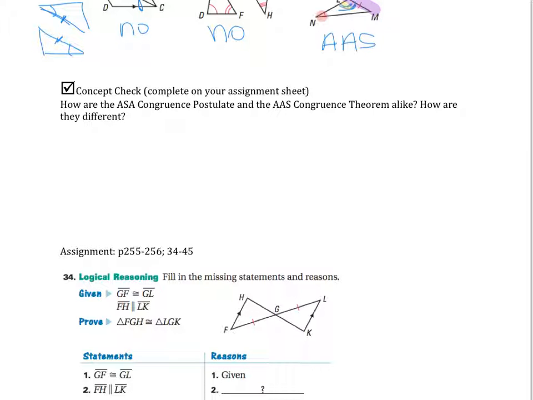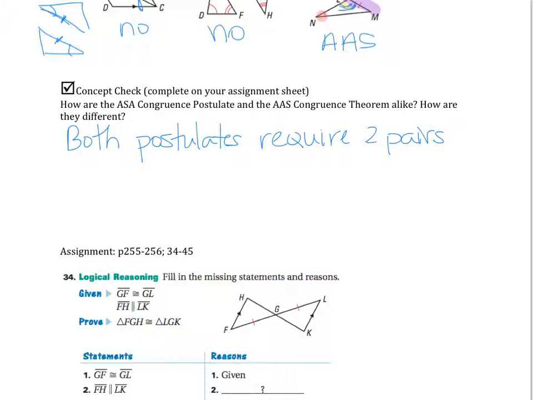How are the angle side angle congruence postulate and the angle angle side congruence theorem alike? Well, both require two pairs of congruent angles and one pair of congruent sides.